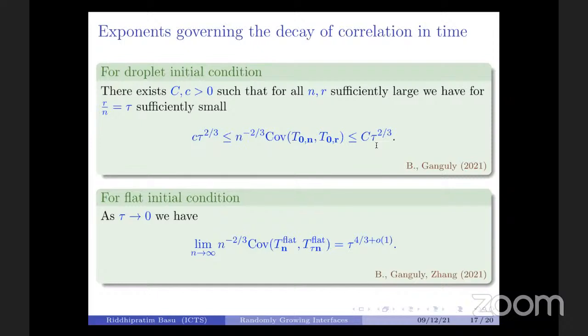On the surface, this question of covariances has nothing to do with the geodesics. It's just a question about the joint distribution of the passage times. But to actually answer this question, one has to use the understanding of the geometry of the geodesics that went into the previous results that I explained, and then use that to get this more refined information about the joint distribution of the passage times. So this is a very interesting interplay between these two types of results, which I wanted to point out.